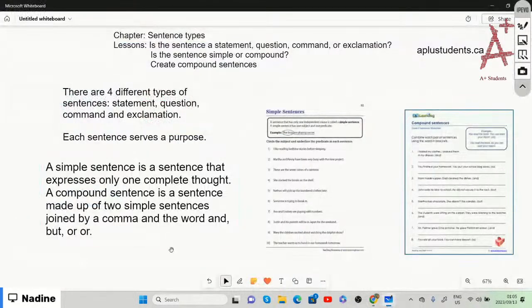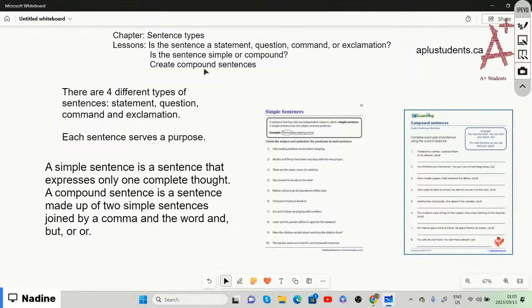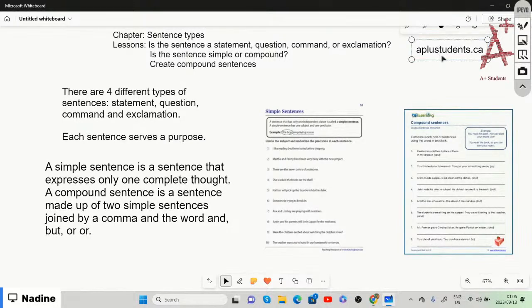All right, before we start officially with our lessons, today's lesson is going to be done on aplusstudents.ca. So if you do want to go back and go over the lessons again, you'll be able to access the lessons again there.